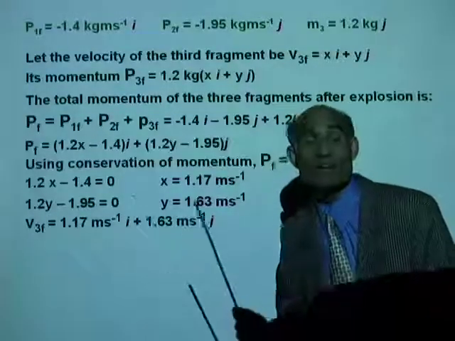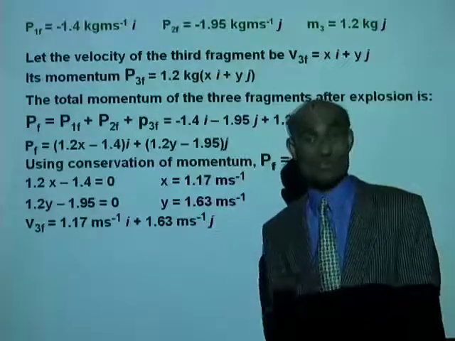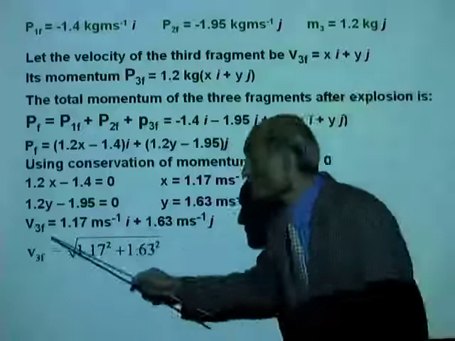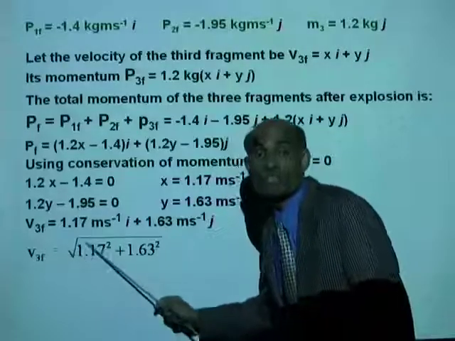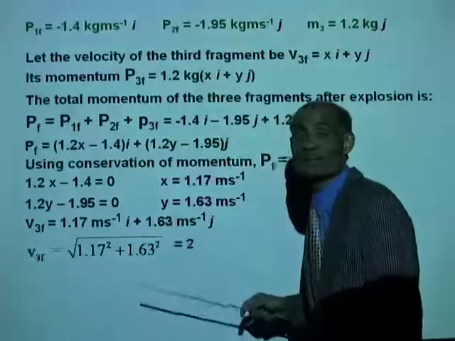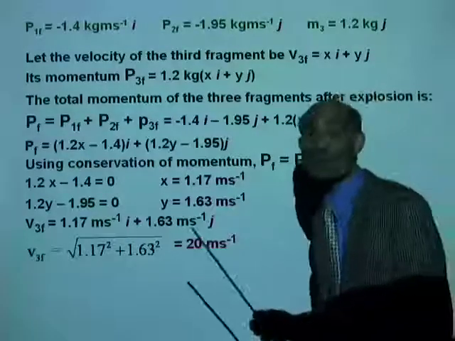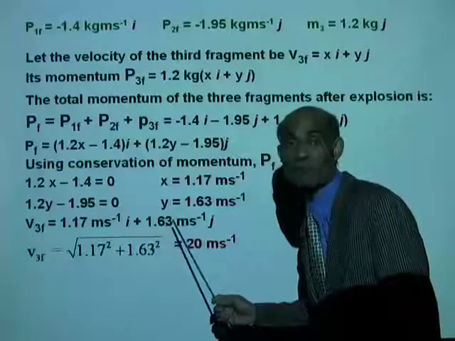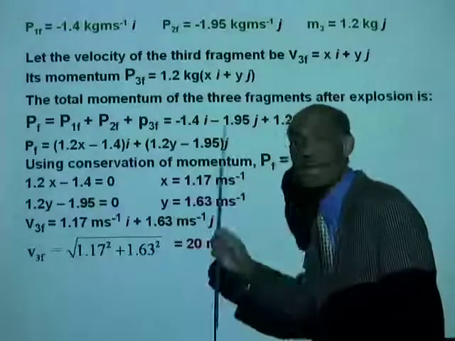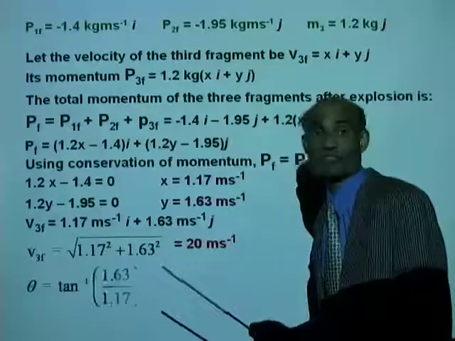And we can now find the magnitude and angle of that velocity. You know how to do that. The magnitude of V3F is square root of x squared plus y squared, and that is 2.0 meter per second. And what is the angle? How do you find the angle? Theta equal to tan inverse of y divided by x.